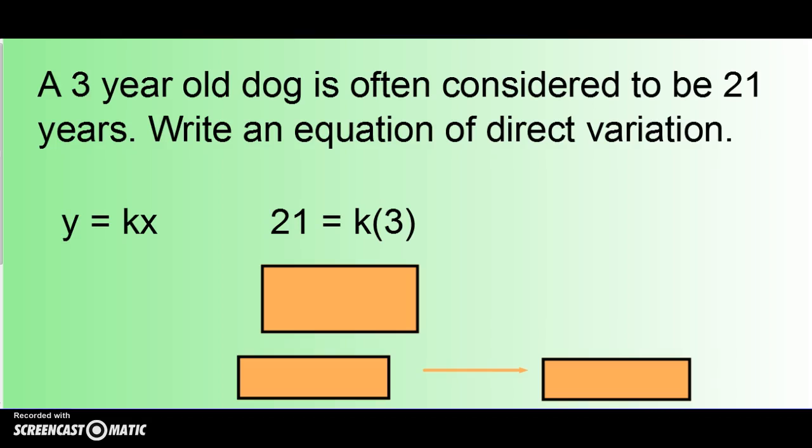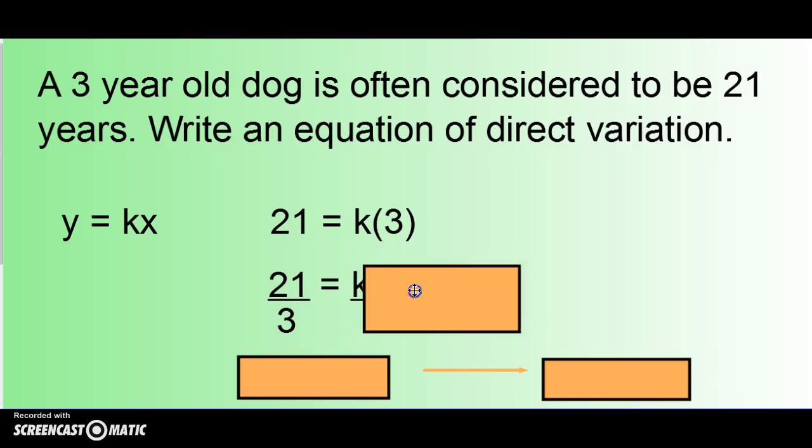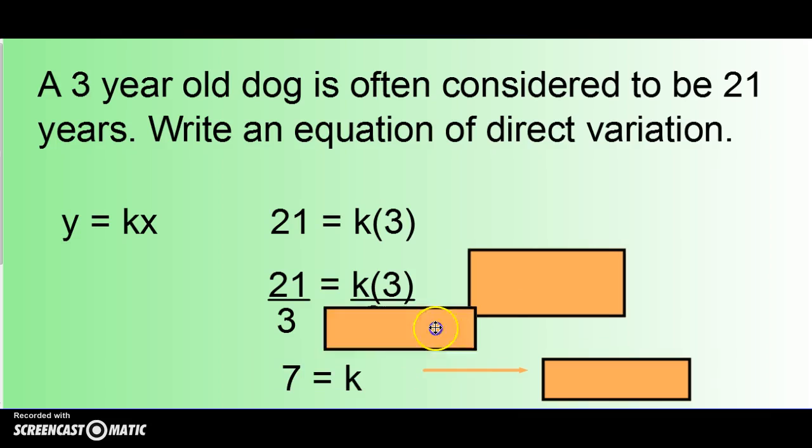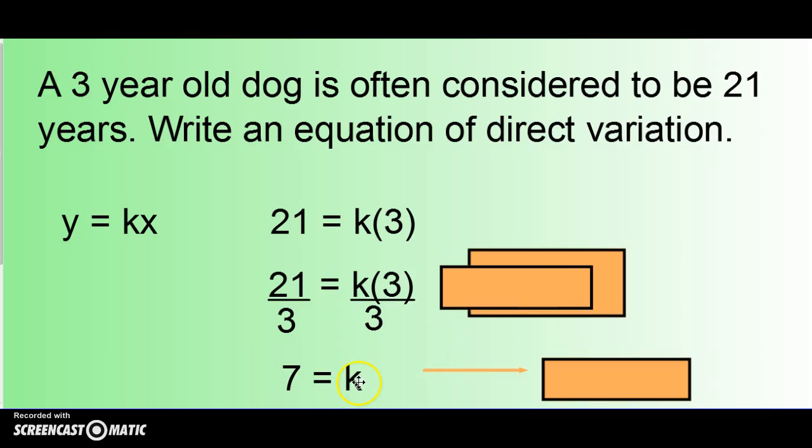All right, a 3-year-old dog is often considered to be 21 years old. So we would say his age equals how old he's considered. So sometimes people say, oh, a dog is 7 years in people years is 21 in dog years. You've probably heard of that before.